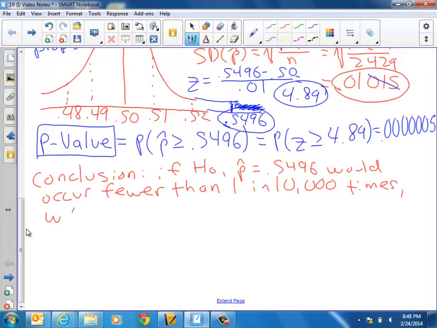With such a small p-value, we found it to be 1, 2, 3, 4, 5, 6, 5. Awfully tiny.